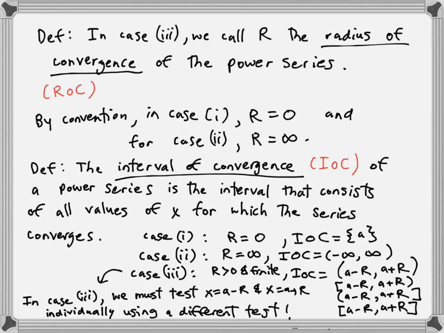We know that the ratio test gives no information, so this is an extremely important byproduct of case 3.